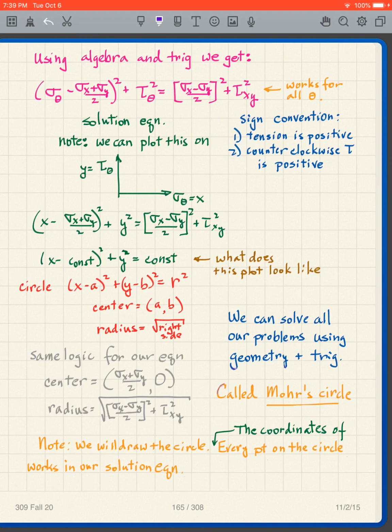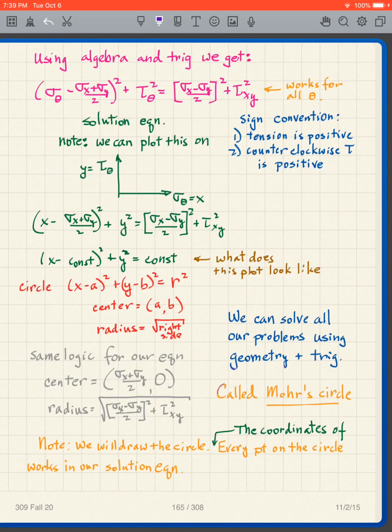So let's look at what we have here. If we can plot this, we're going to plot it in such a way that our x-axis is going to be sigma theta. Our y-axis is going to be tau theta. And so what we're going to get is an xy plot.